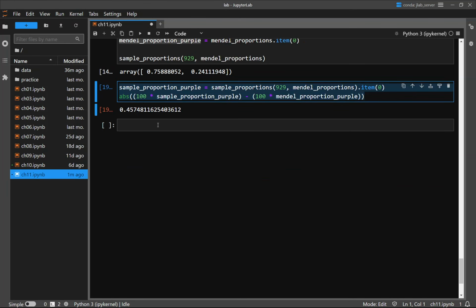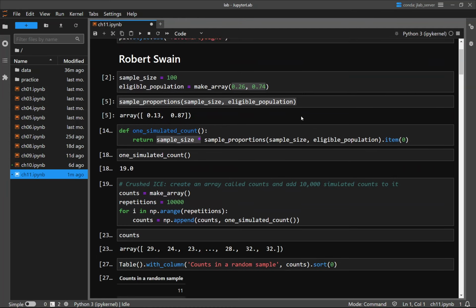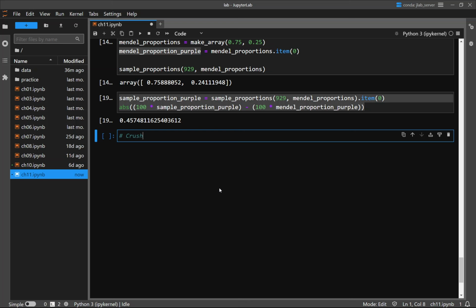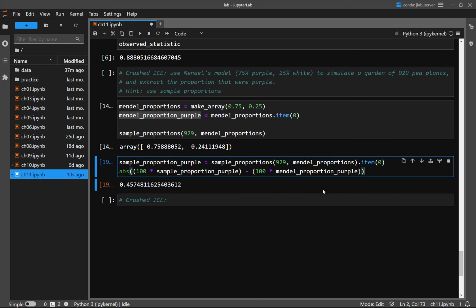Okay, so I think that would be another place for you to try something. This is going to be similar to the function we did in Robert Swain, like give me a simulated count. So I'd like you to try, please. What I want you to do here is make a function that you can call without any arguments. Let's call it one simulated distance, because it's a distance calculation.